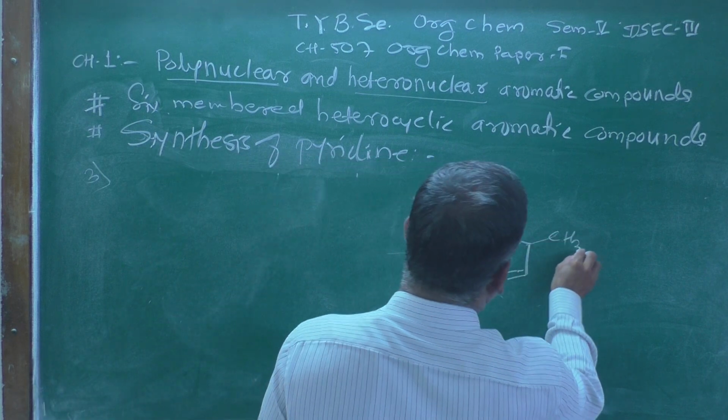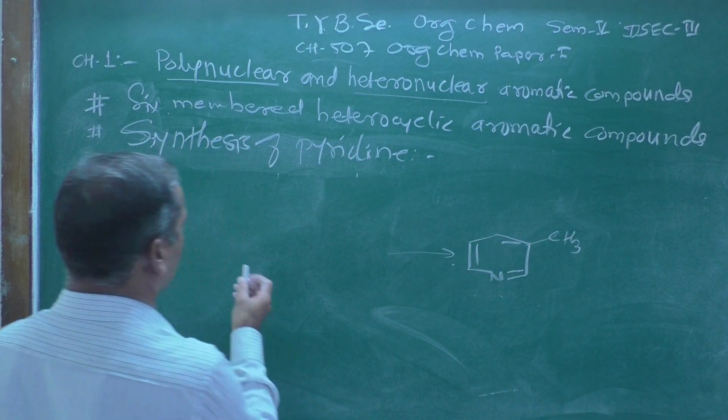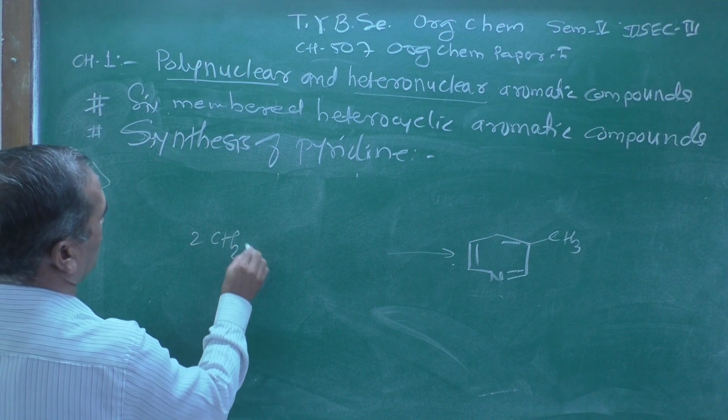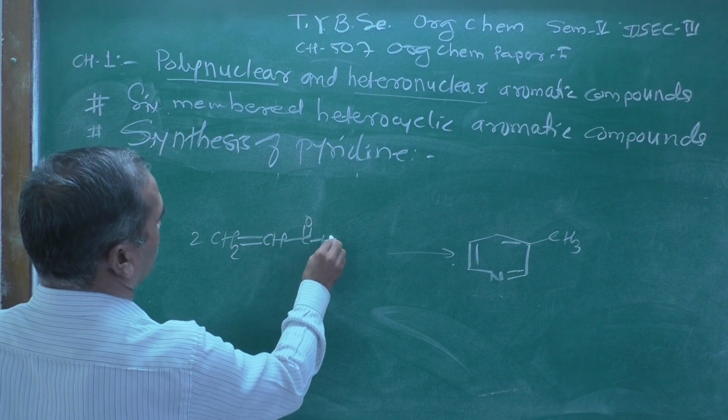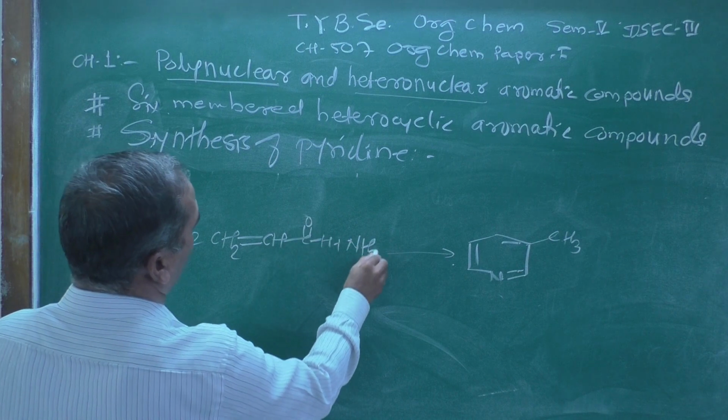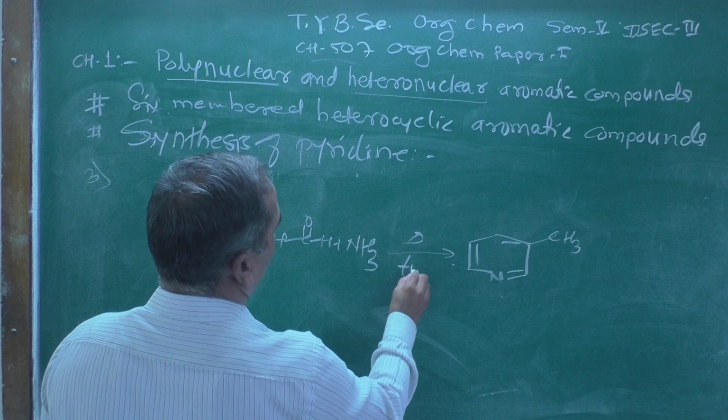Let me revise once again this structure. 2 moles of CH2 double bond CH, then C double bond OH, are treated with ammonia and heated in a tube.